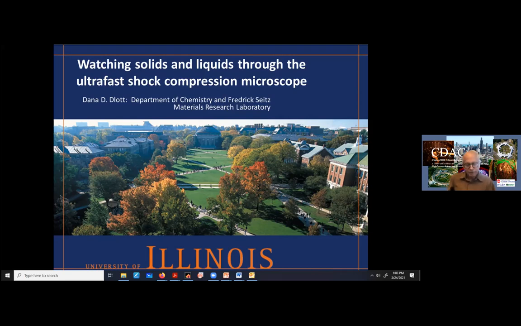Dana's bachelor's degree is from Columbia and PhD from Stanford, which he received in 1979. That year he moved to UIUC as an assistant professor in chemistry, and through the years rose through the ranks, becoming a kind of institution at UIUC with appointments in the Materials Research Laboratory and as the Lichen Professor of Chemistry. Over the years he's developed a lot of new spectroscopic and tabletop laser shock compression methods.